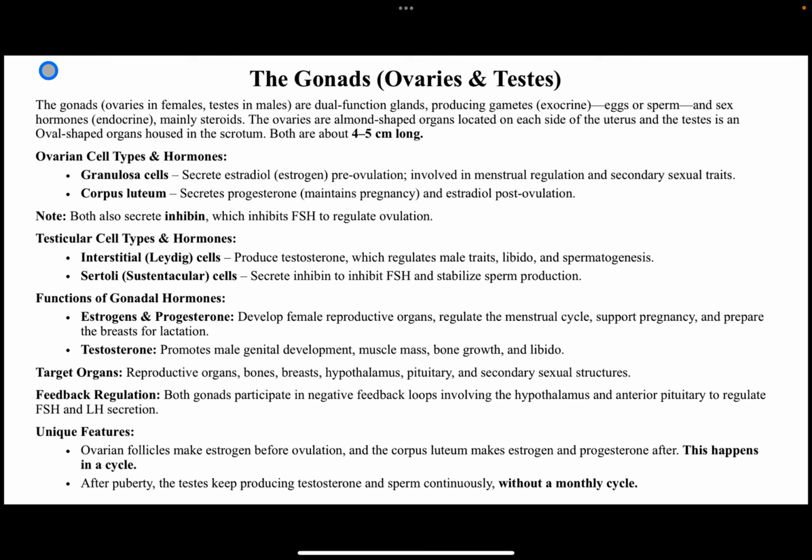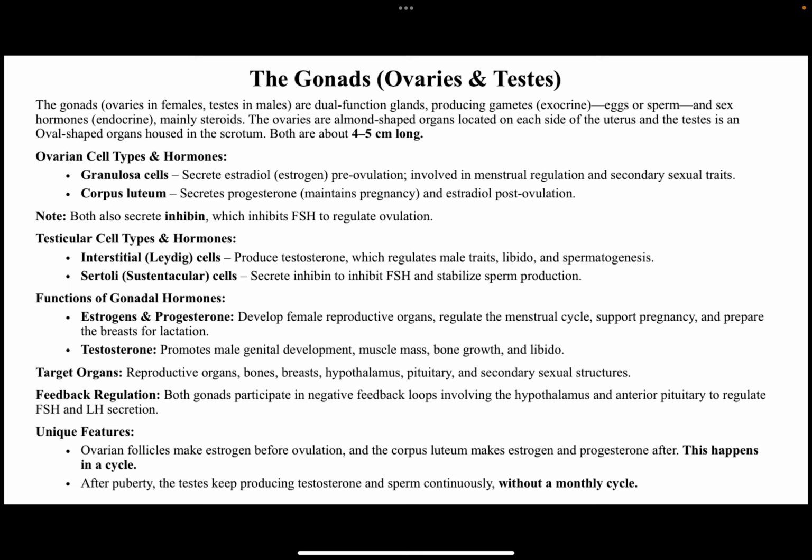Now we are going to look at the gonadal hormones. We have estrogen and progesterone, and then we have testosterone. Estrogen and progesterone are for the female gonads, and testosterone is for the male gonads. Estrogen and progesterone help to develop the female reproductive organs.